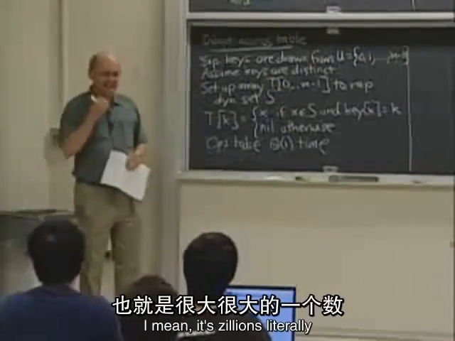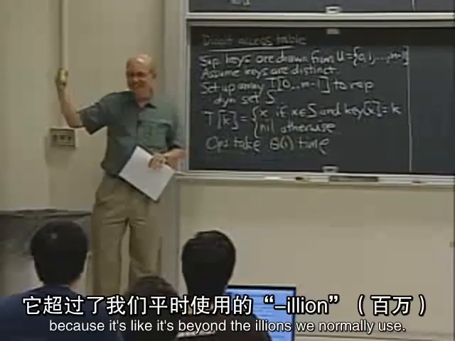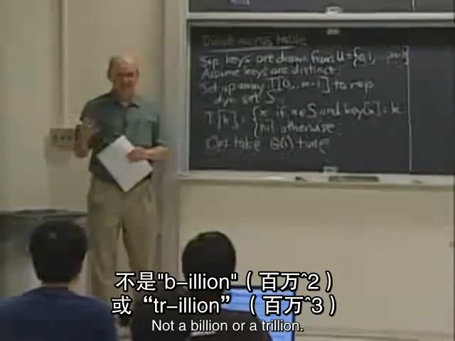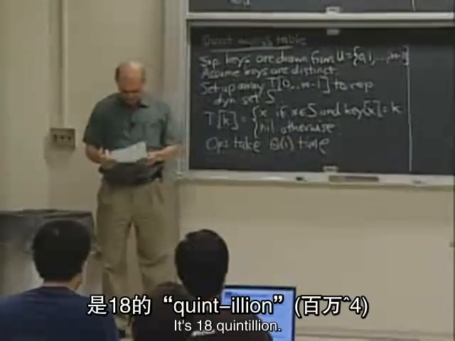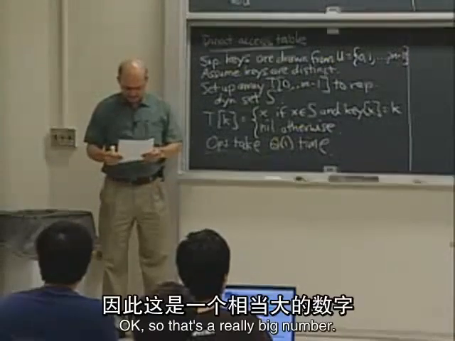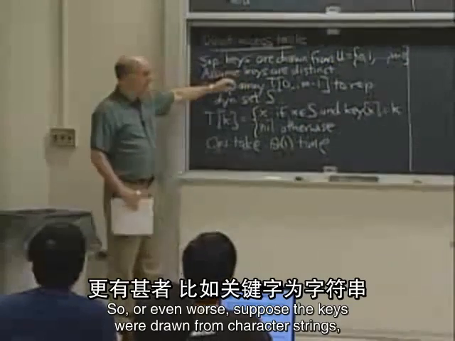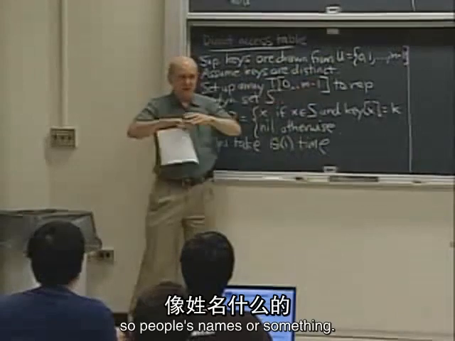It's zillions, literally, because it's beyond the illions we normally use. Not a billion or a trillion, 18 quintillion. So that's a really big number. Or even worse, suppose the keys were drawn from character strings, like people's names.